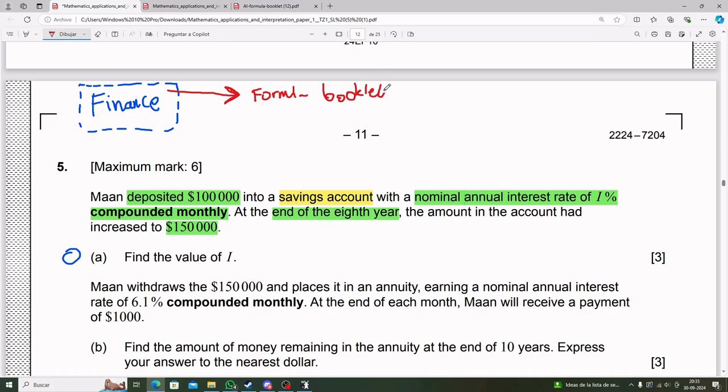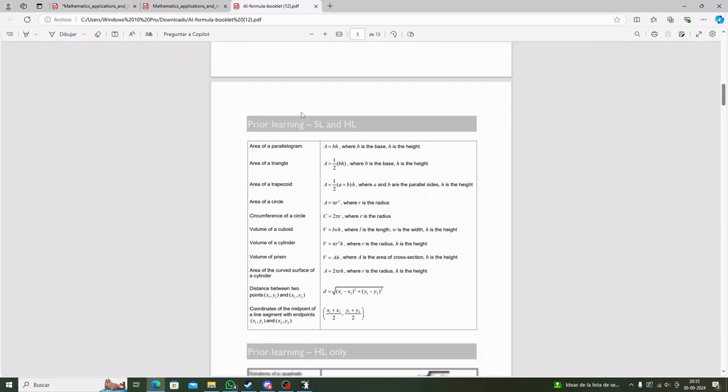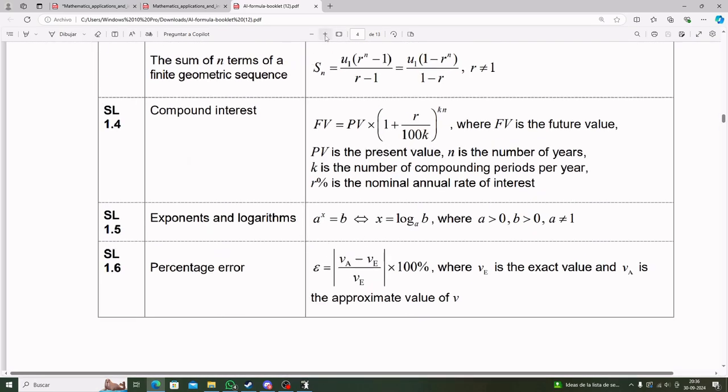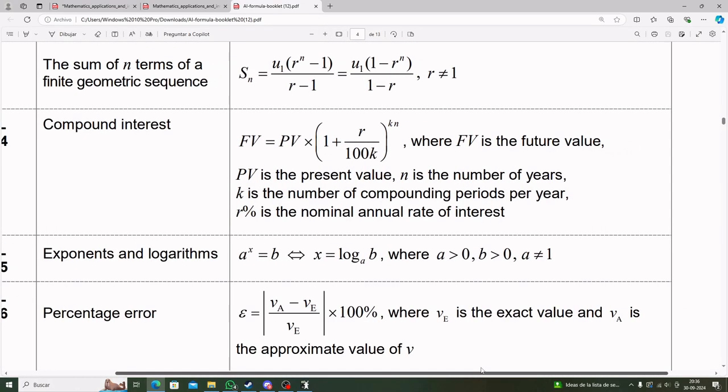Within the formula booklet, once you look long enough, you find this compound interest formula. Notice it has a bunch of stuff in it, but all you really need are 5 things: the future value, the present value, the number of compounding years, the number of compounding periods per year, and the nominal annual rate of interest.